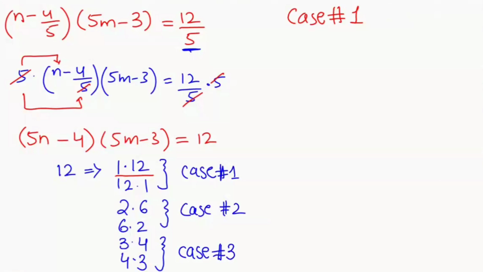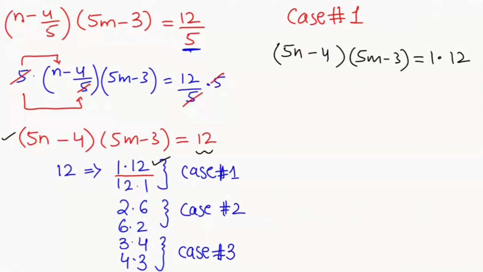Case 1: the expression we have is 5n minus 4 times 5m minus 3, and in replacement of this I take the first factor, 1 times 12. This I will rearrange. So 5n minus 4 equals 1, and 5m minus 3 equals 12.